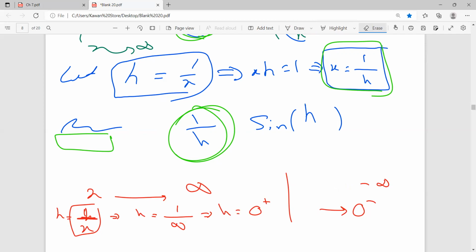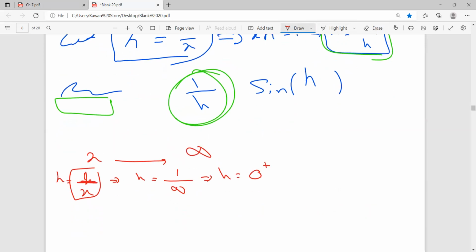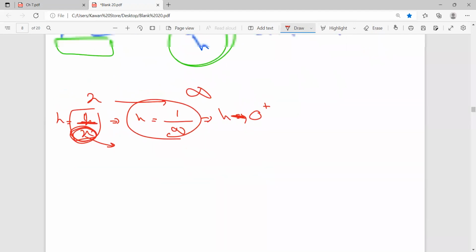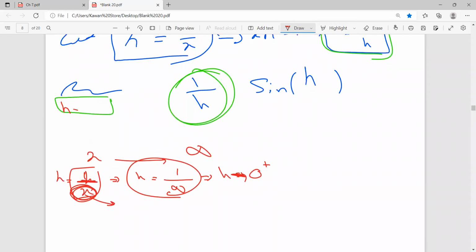Okay. Now, how do we change that one? I'm going to repeat that. How do we change it to 0? Because I know h equals 1 over x. So if x goes to infinity, I'll get 1 over infinity. Then h will be approximately 0. So that's why I'm going to change that h to 0 from the right side.